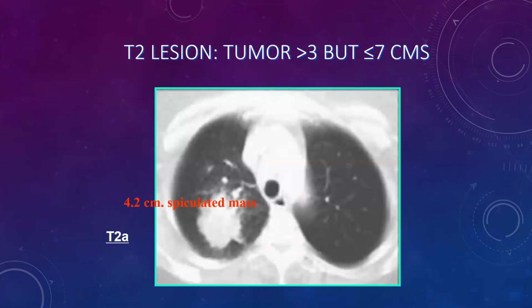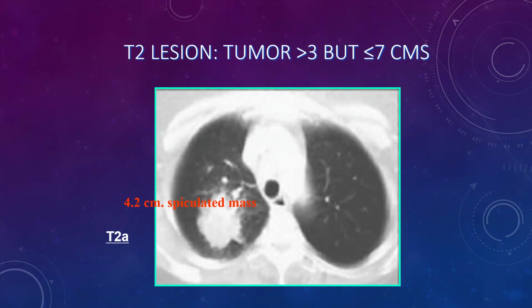Okay? So for example, if I give you a tumor that is 4.2 centimeters, then that will fall under T2. So it's more than 3, but less than or equal to 7 cm. Specifically, it falls under T2A because it's more than 3, but less than or equal to 5 centimeters.